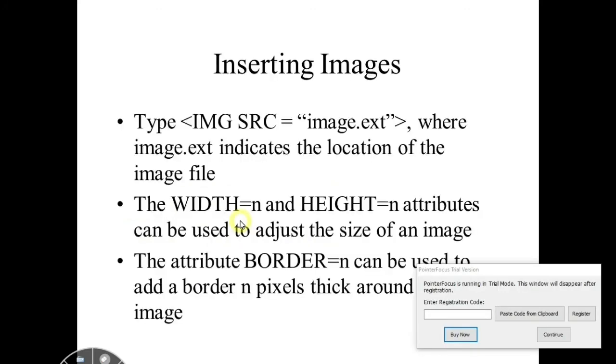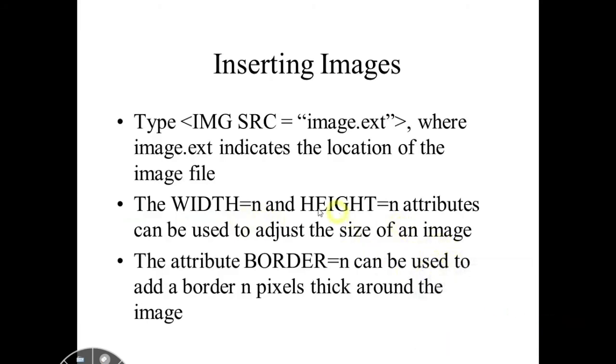Okay, inserting images. If you want to insert some images in your web page, you can use the image source tag, img src, and you can give the file name of the image where you stored it in your system, image.ext, where image indicates the location of the image file on your hard disk, so you can fetch the image.